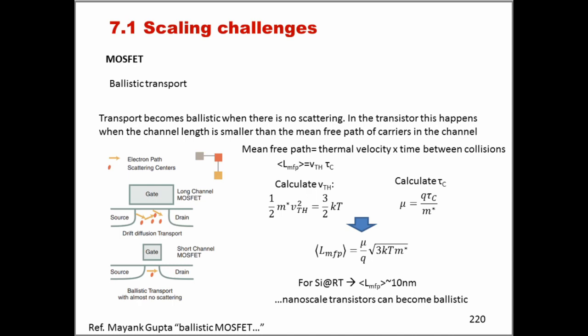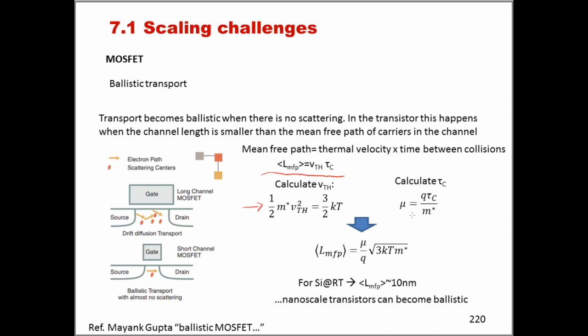And we've gone through some of the formulas involved here. I'll repeat a little bit some of those concepts. The mean free path for any given charge carrier can be written as the thermal velocity times the coherence time, where the thermal velocity is related to the thermal kinetic energy of those charge carriers.